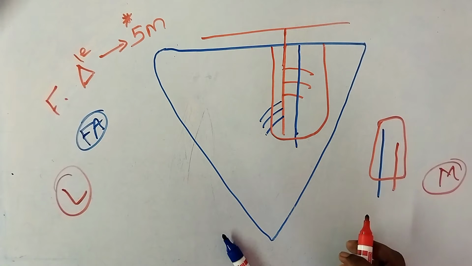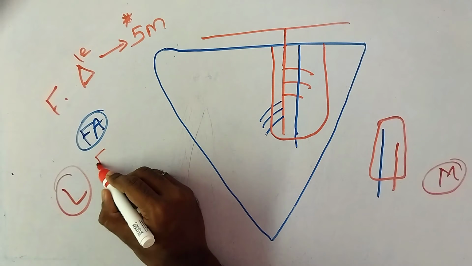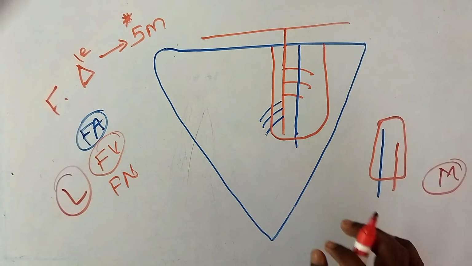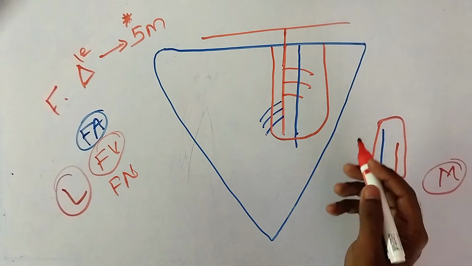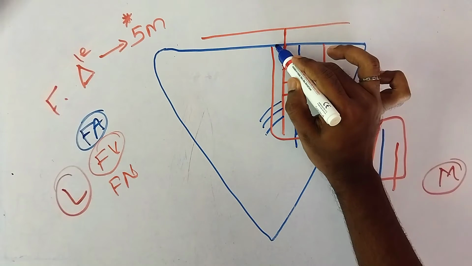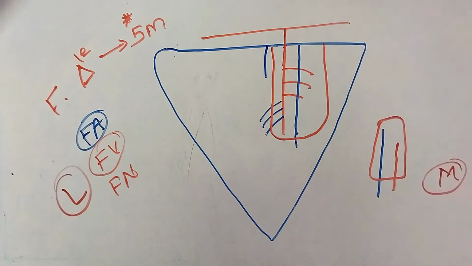Next, nerves present in this femoral triangle. Femoral vein we have completed. Next, the femoral nerve. The femoral nerve lies lateral to the femoral artery. That means here is the femoral artery, so the femoral nerve lies lateral to the femoral artery.